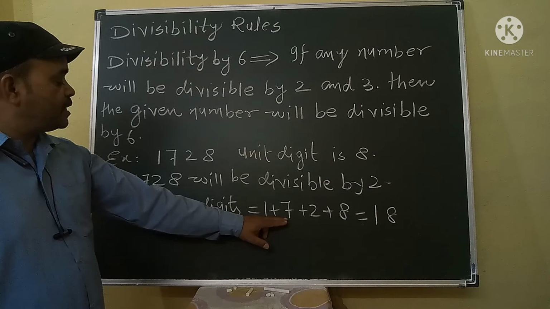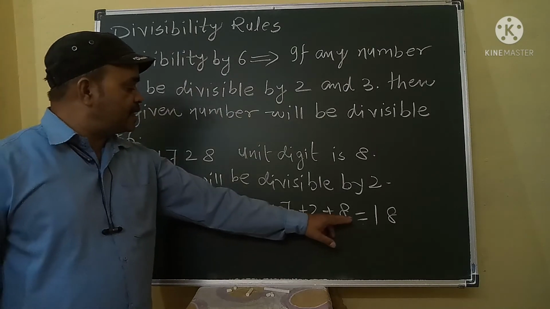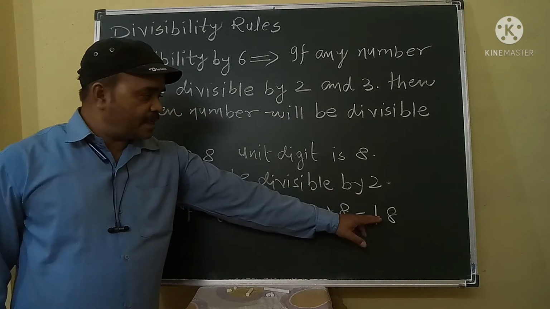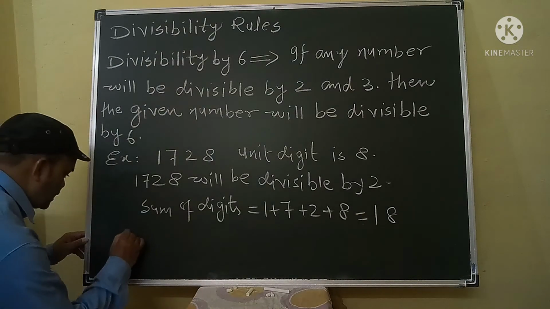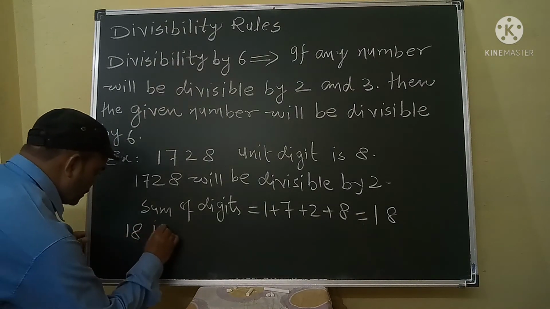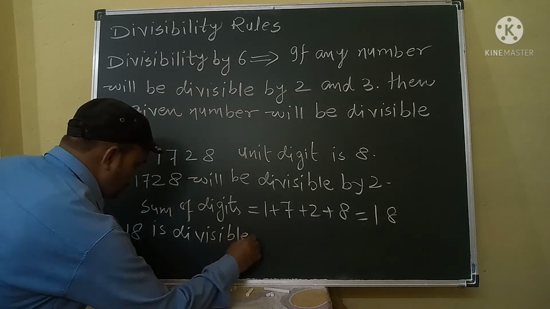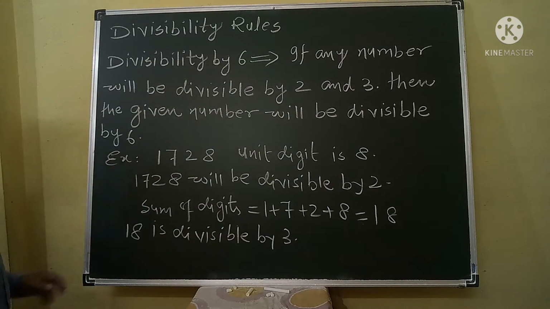And 18 is a multiple of 3. 18 is divisible by 3.